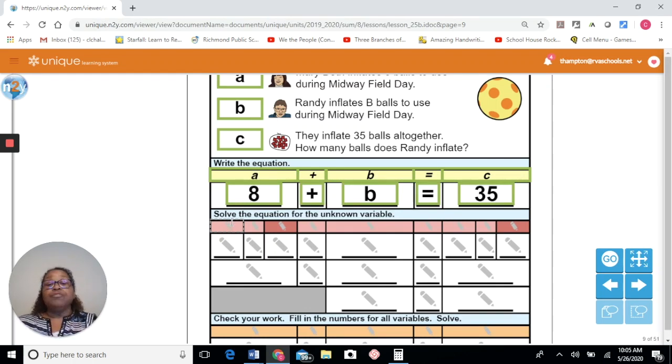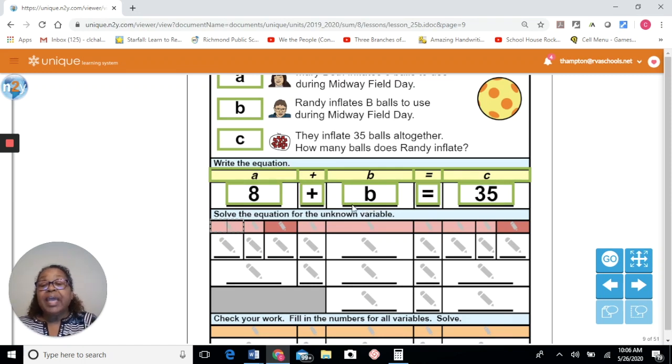If we want to solve for B, we have to isolate, that means separate B, so that on this side of the equal sign, all we have is B. So what does that mean? That means we have to get rid of the number 8. And if we get rid of the number 8 on this side, then we will just have B, and that's what we're solving for. That's the plan.